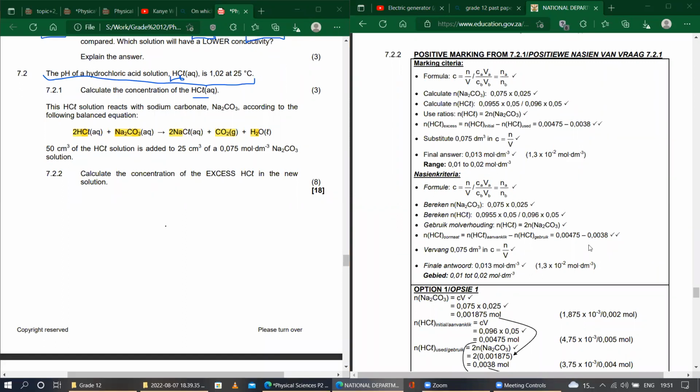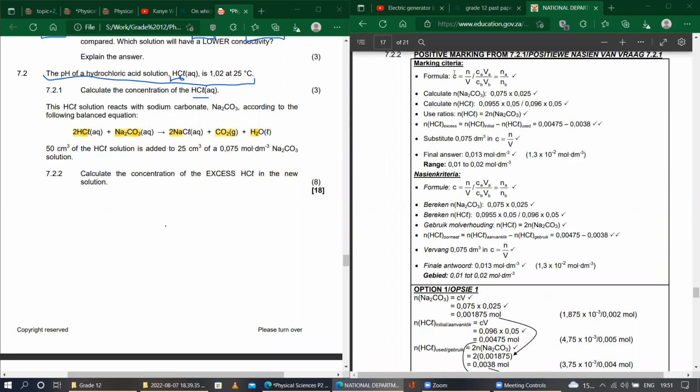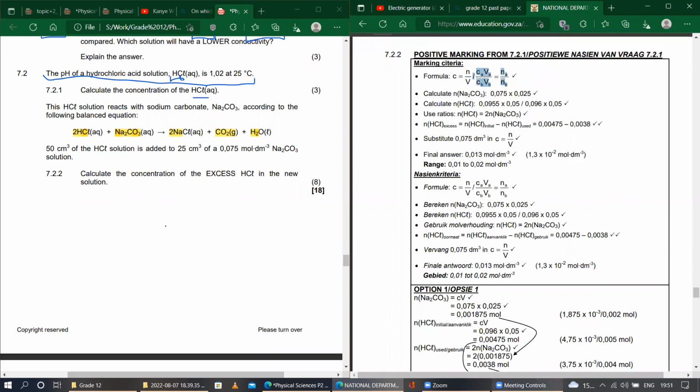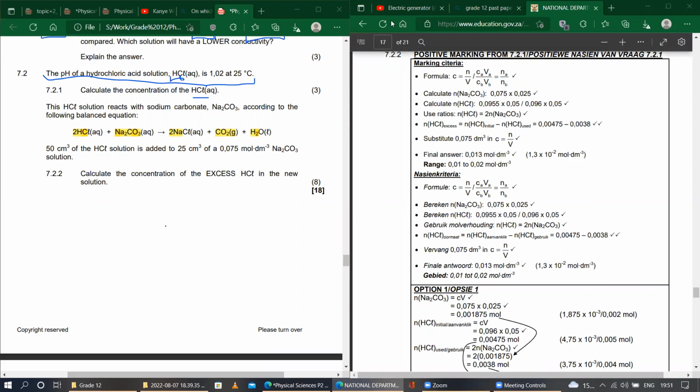So we all know the formula for concentration. It's C is equal to N over V. Do you guys also know this formula? Using the chat is going to be a bit time consuming if I ask you questions, so let me just do it.